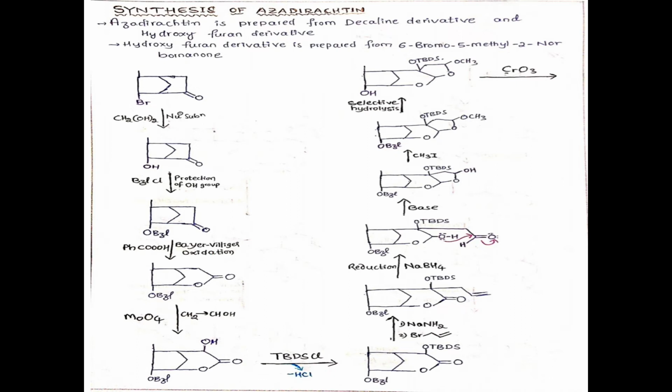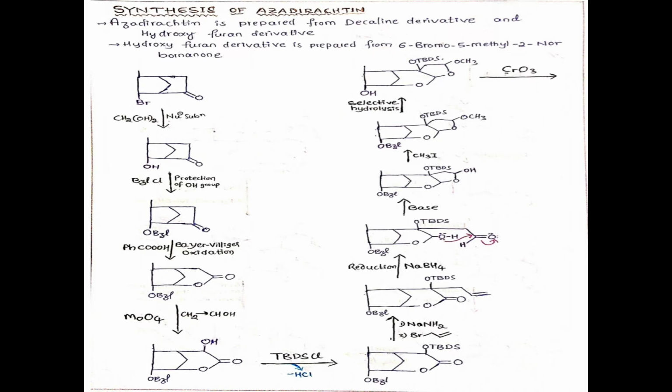After oxidation with molybdenum tetroxide, this carbon contains another hydrogen. So on treatment with sodamide, which acts as a strong base, the alpha hydrogen on the carbon alpha to the carbonyl group is abstracted. As a result, a carbanion is formed.